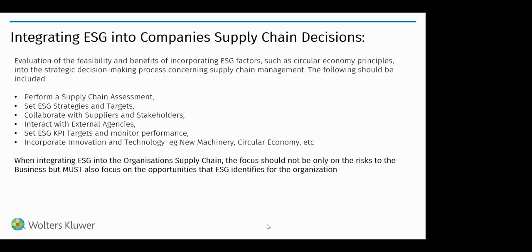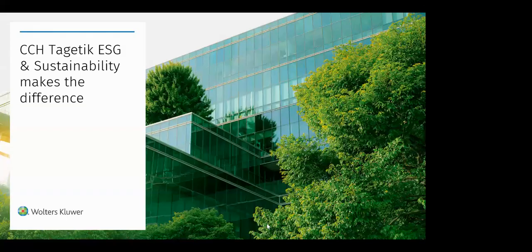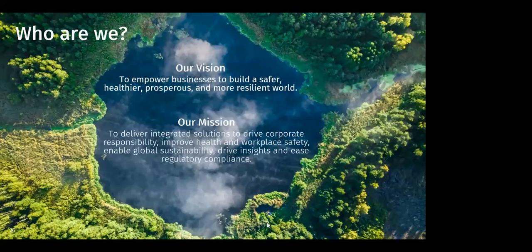So how can we help? Basically, our vision is to empower businesses to build a healthier, safer and prosperous, resilient world. And what we're trying to do is help them use systems to analyse their numbers, enabling them to identify strategic things that they can do, because by being able to drill down on numbers, because it's not done in spreadsheets, it gives them ideas of saying, okay, this particular production line might be more efficient than this one.